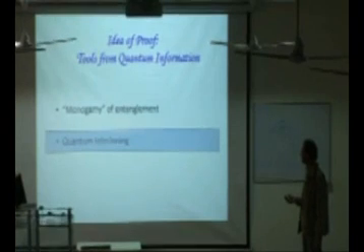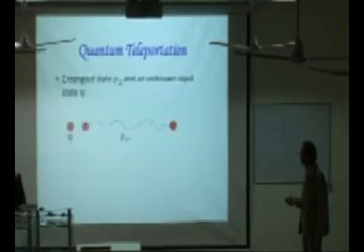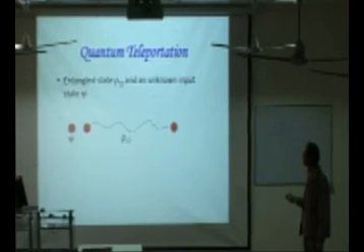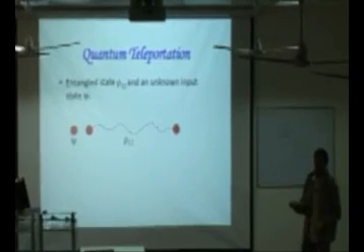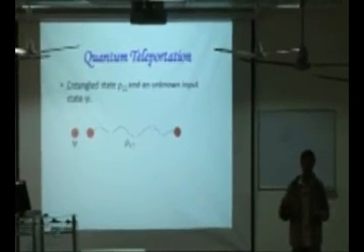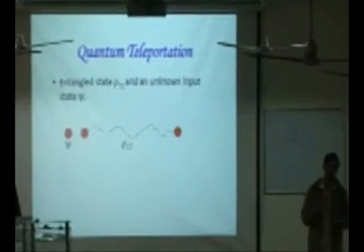And that is what is something called quantum telecloning, and I will not discuss it here, but I just wanted to tell you that it is sort of a mixture of what is known as quantum teleportation and quantum cloning.